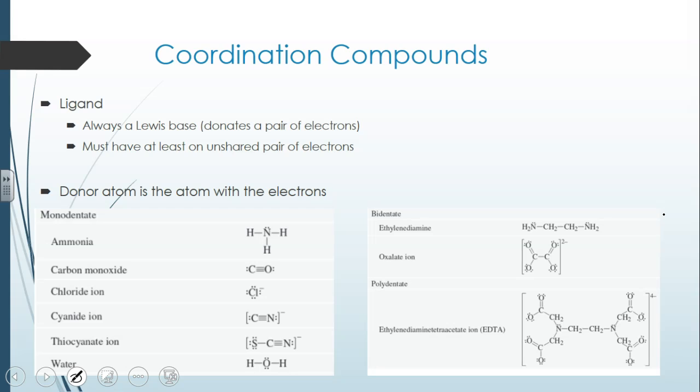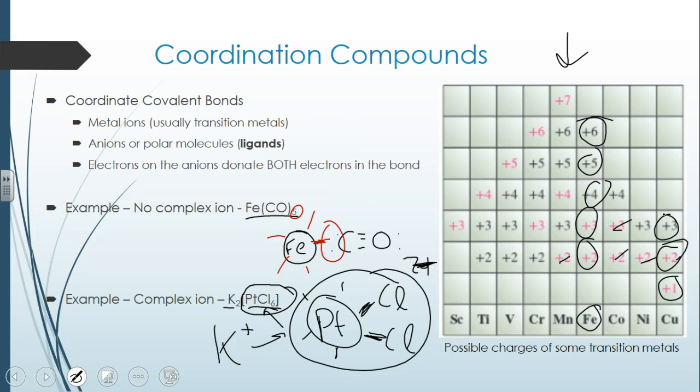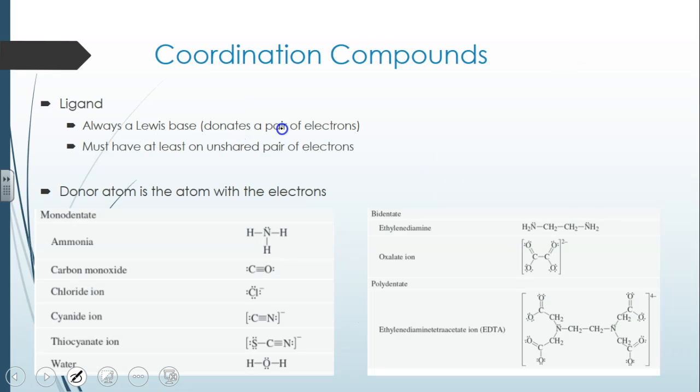A ligand is the thing that is attached to the transition metal, like we have back here, the anion or polar molecule that is attached to the transition metal. And it is always a Lewis base.